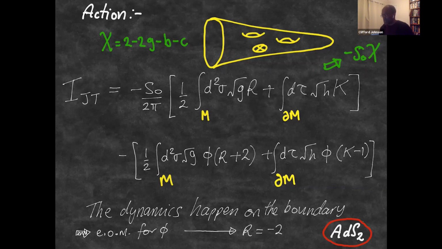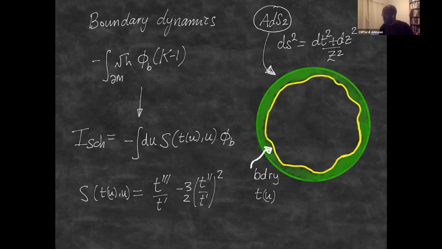Okay, well, I'll just tell you where I'm looking. I'm looking at the fact that phi is coupling to the Ricci scalar plus 2 in the middle of the board there. And so the equation of motion for phi essentially tells us that we're on locally AdS2-like spaces. And then there's some interesting dynamics on the boundary.